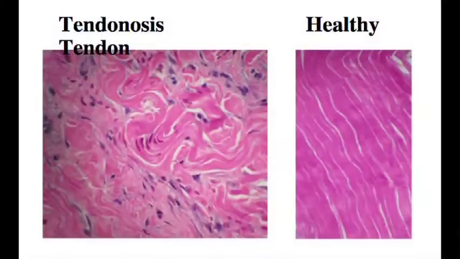So let's take a quick look at another slide, and you can see this is what tendinosis looks like versus a regular tendon. Now that you're getting good at looking at these slides, you can see what I'm talking about. When we talk about treating these, again, it's about getting the inflammation down and stimulating the body to get out of that vicious cycle in the inflammation stage and not able to get into the repair remodeling stage.